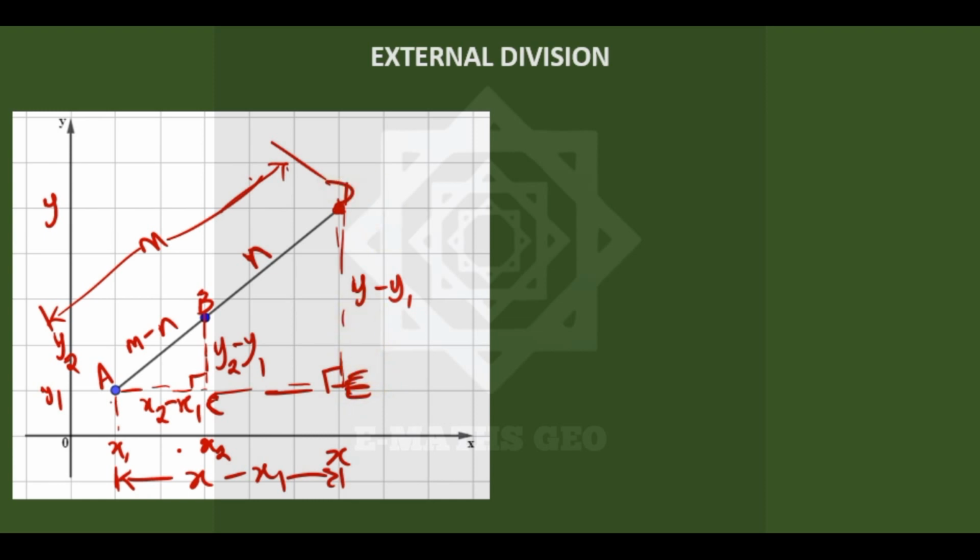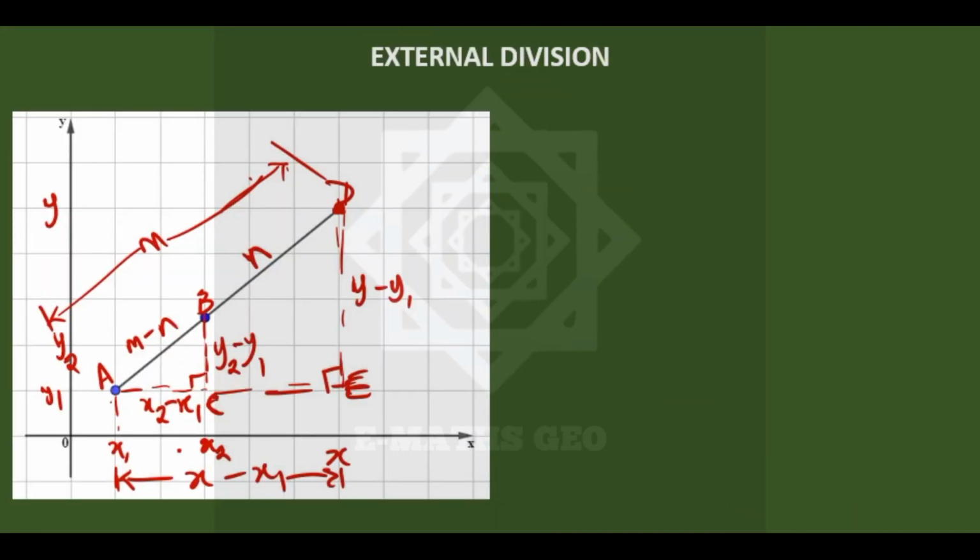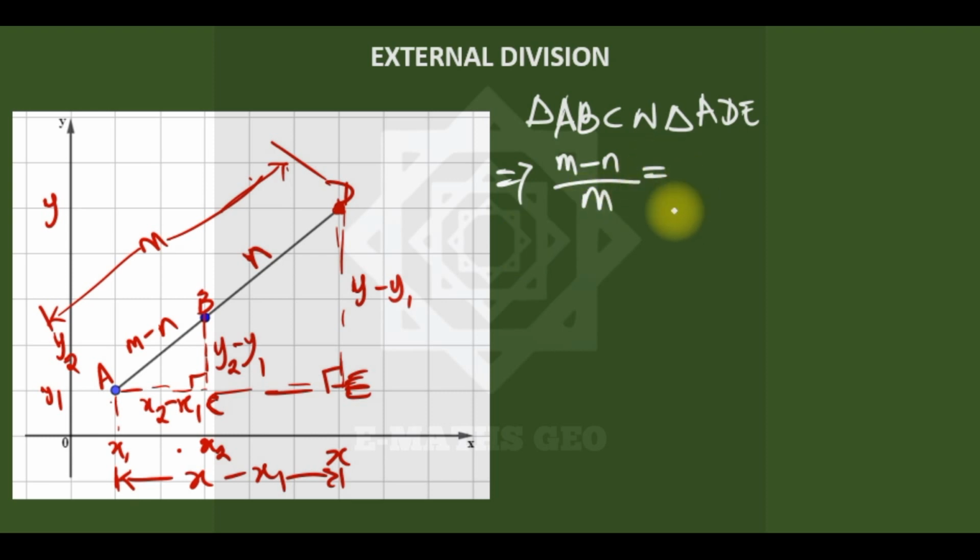So let's see that triangle ABC is similar to triangle ADE, based on the right triangle similarity theorem, which implies that the ratio of the sides is equal. For the small one, this is M minus N over, for the big one, M. The hypotenuse ratio is equal to, for the x, x2 minus x1 over, for the big one, x minus x1.